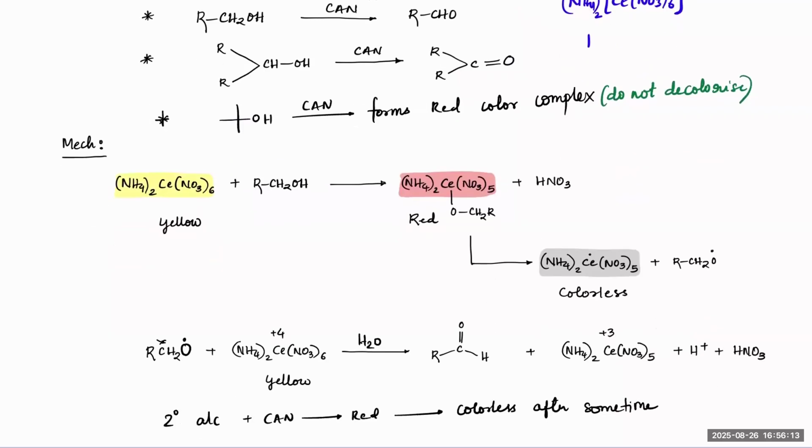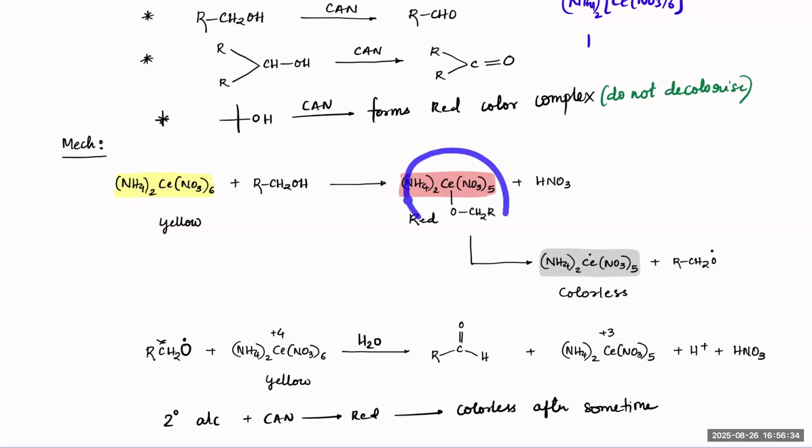See, first, ceric ammonium nitrate is a yellow color solution. You add it into the test tube where alcohol is present. Then the solution in the test tube will convert into red. And you leave it for some time or shake it for some time, it will become colorless. Got it?